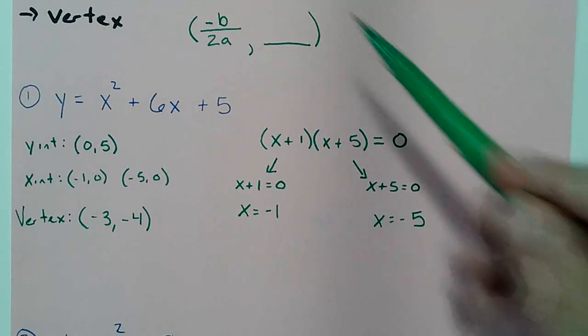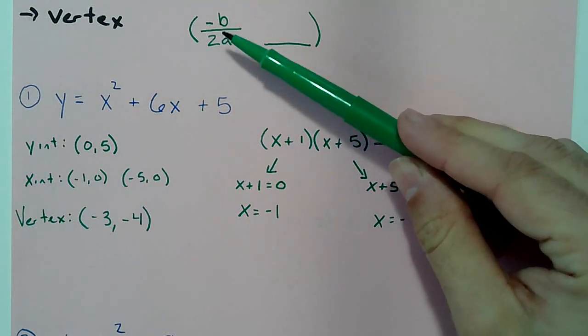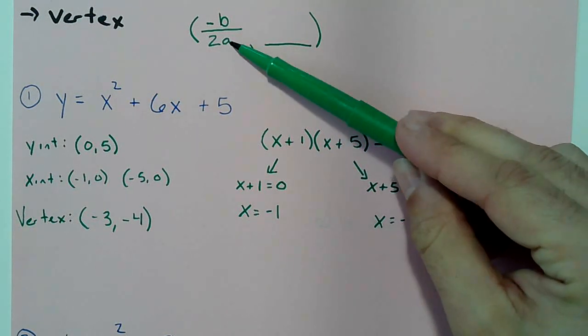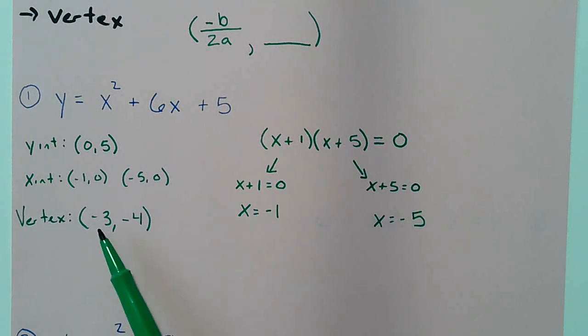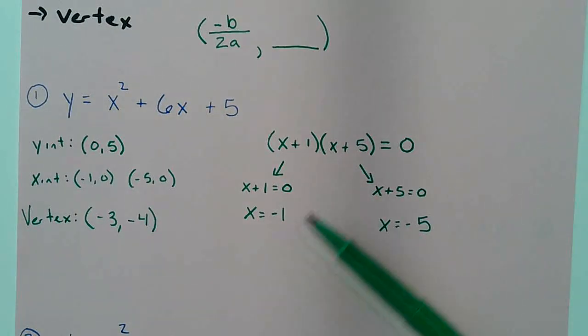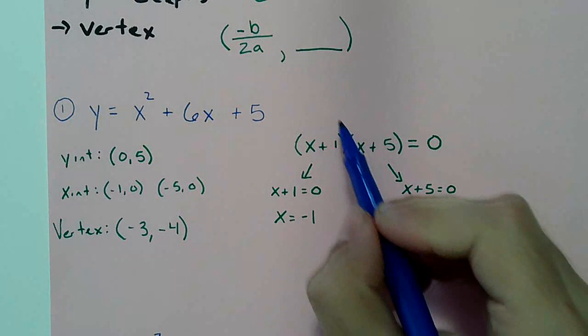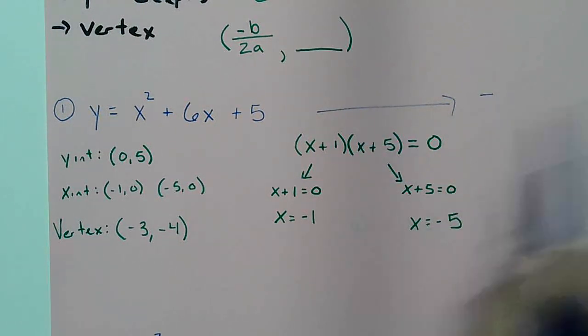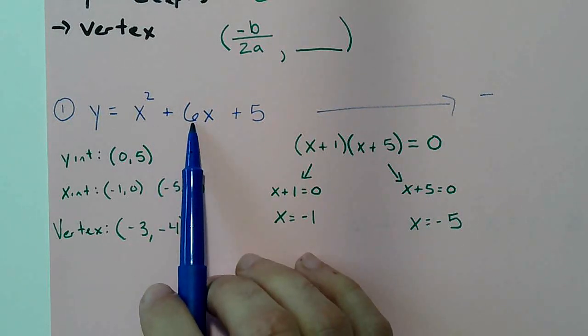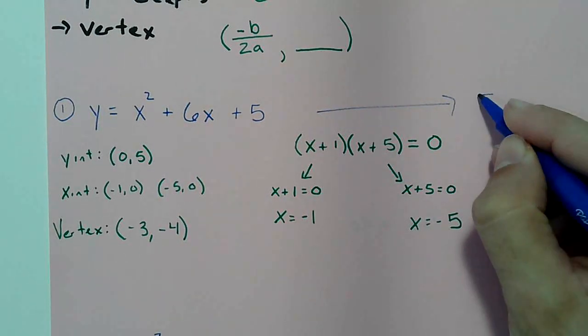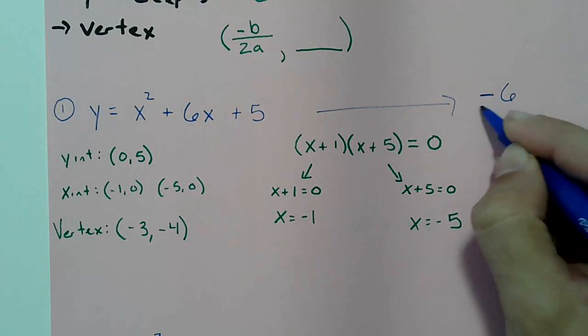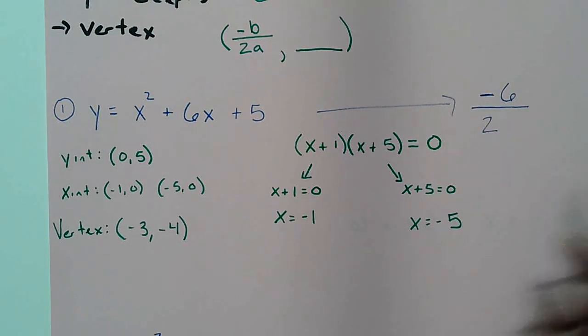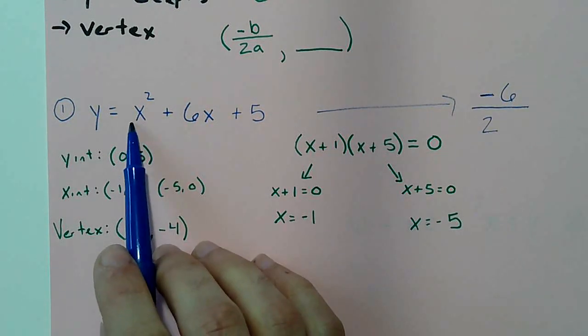Now I'm going to key into this idea here just for this example. Opposite of b divided by 2a. If we do that, we should get a value of -3. So I'm going to sidestep that here. Opposite of b. B in our quadratic here is 6. So the opposite of that is -6 divided by 2 times a.